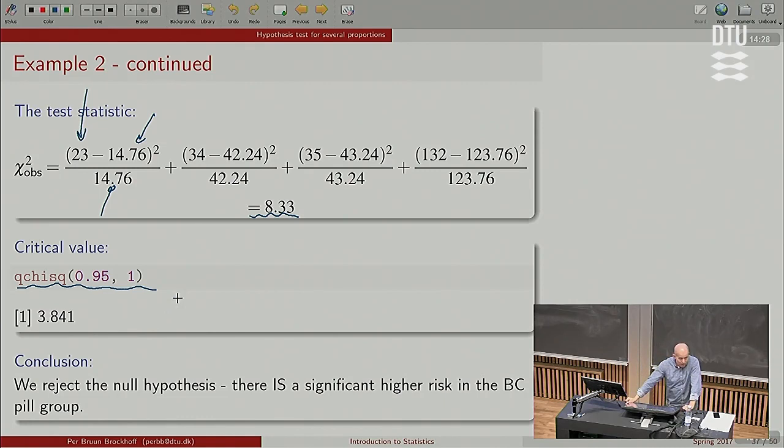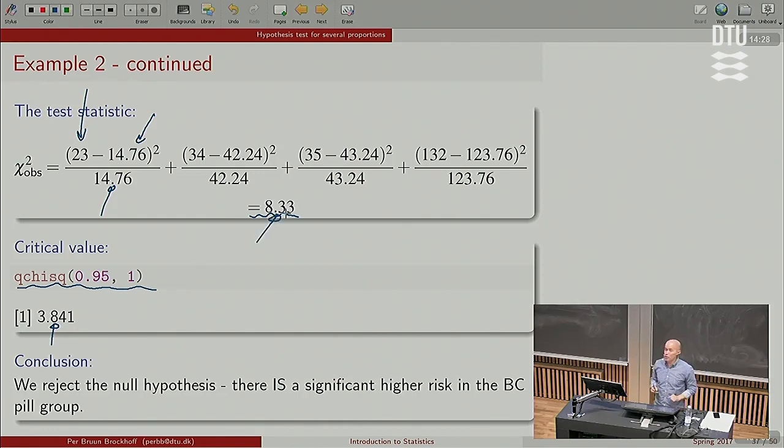Irrelevant information right now. The point is, how large should such a chi-square test statistic be for such proportions to be statistically different? Well, it should be more than 3.84.